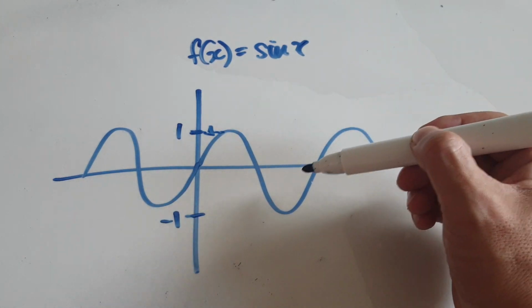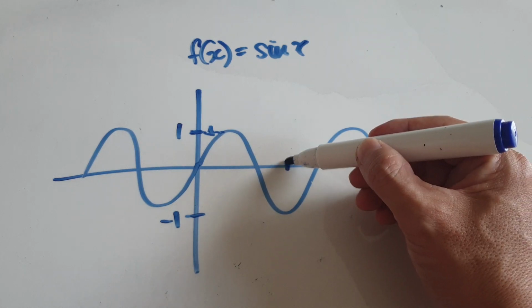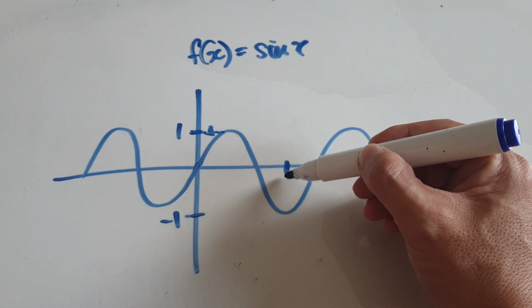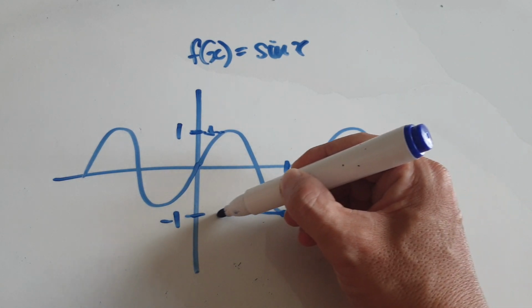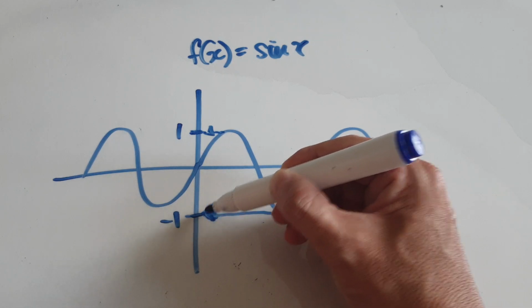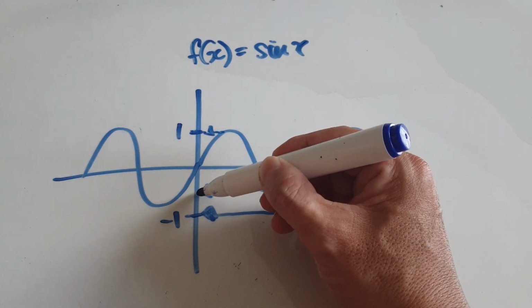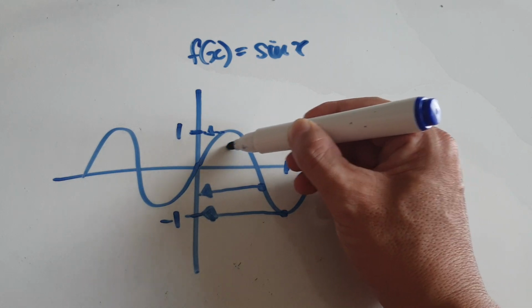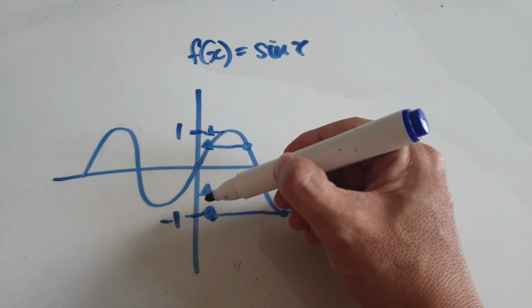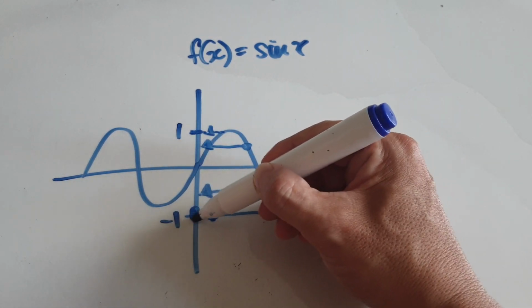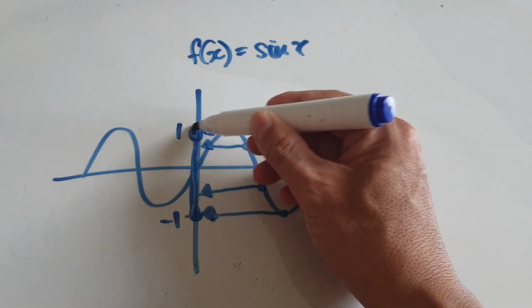If you put in this number here, whatever it is, it will jump down to here, and it is possible for it to spit out the number negative 1. It is possible for you to spit out negative, I don't know, 0.8 or positive 0.6. You see, the range here is everything within this region here.